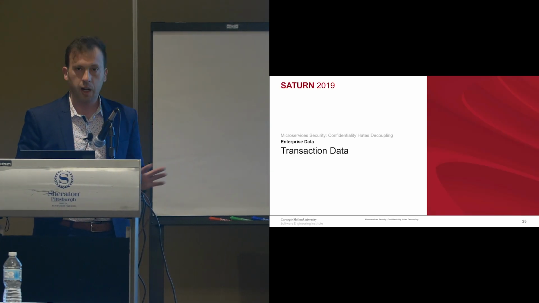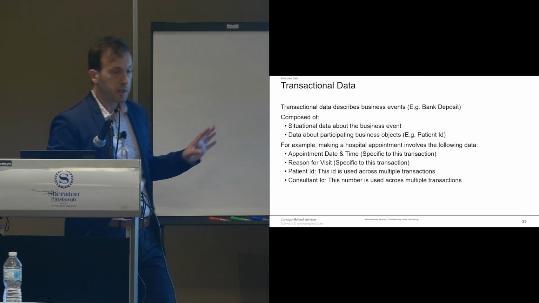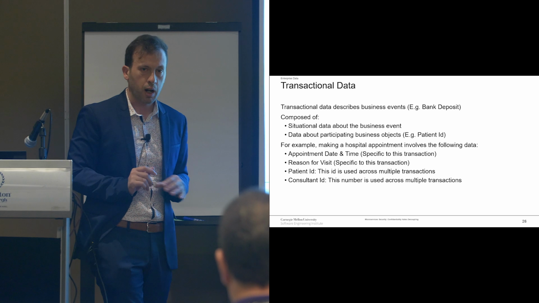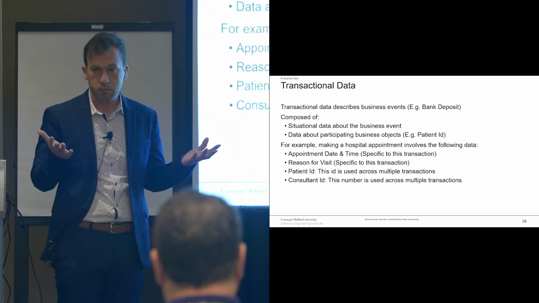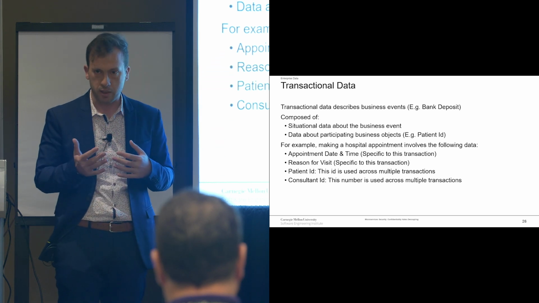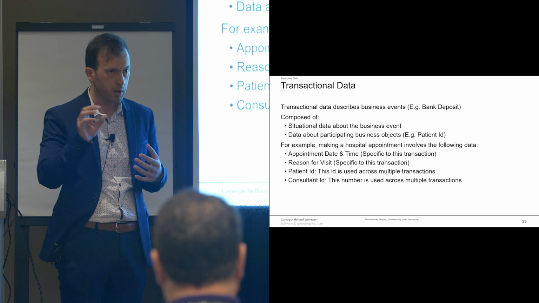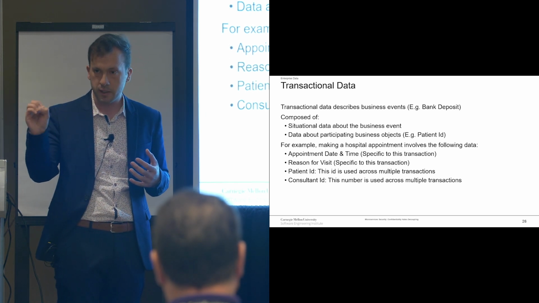Transaction data is the other type of enterprise data. This type of data describes business events or business transactions. Okay? For example, a bank deposit. When we say amount of bank deposit, this is specific to this transaction.